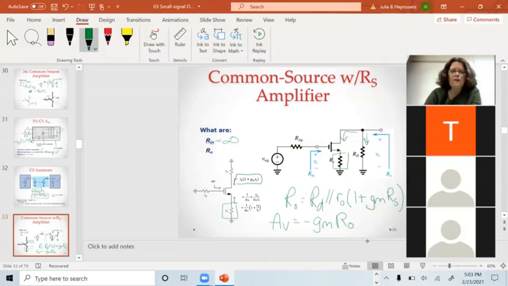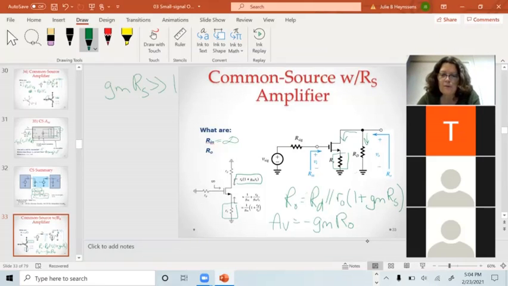g_m times R, let's get to some basics first. g_m R_S always turns out to be much greater than 1. It's a big number. It may be like 5. So what I'm doing here is taking my r_o and multiplying it by a number that's bigger than 1.